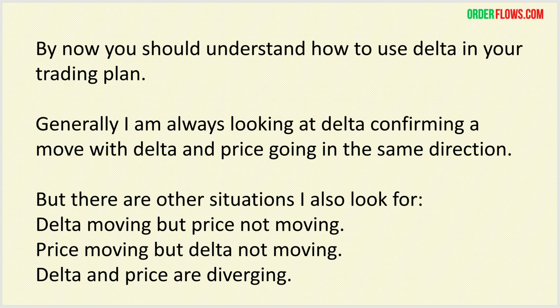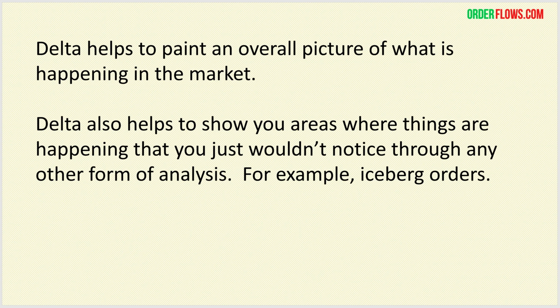Now remember, Delta helps to paint an overall picture of what's happening in the market, but it also helps to show you areas where things are happening that you just wouldn't notice on any other form of analysis. For example, iceberg orders. I talked about this in the first lesson. Iceberg orders is a form of aggression, but it's aggressive behavior by a trader as opposed to aggressive buying or aggressive selling.